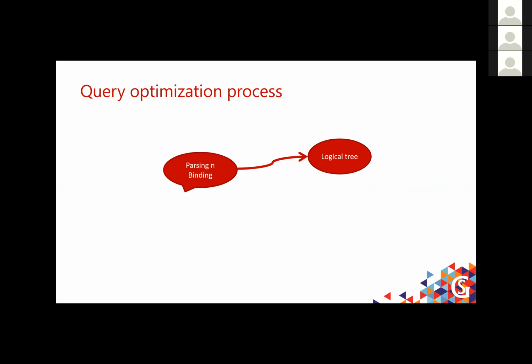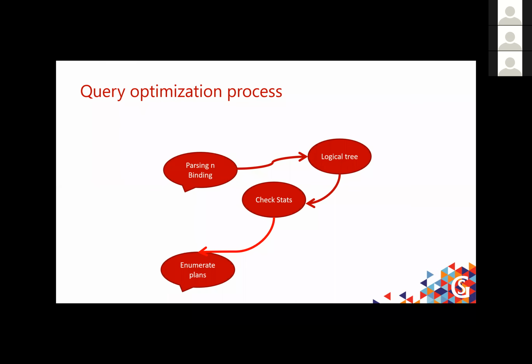needs to be performed. Once it has the logical tree, it checks statistics. What are these things called statistics? Statistics are an internal data structure within SQL Server which can give information about the way in which the values are distributed in a column.